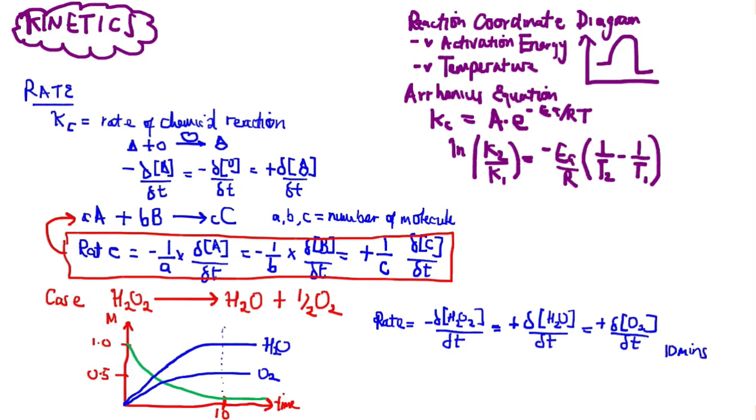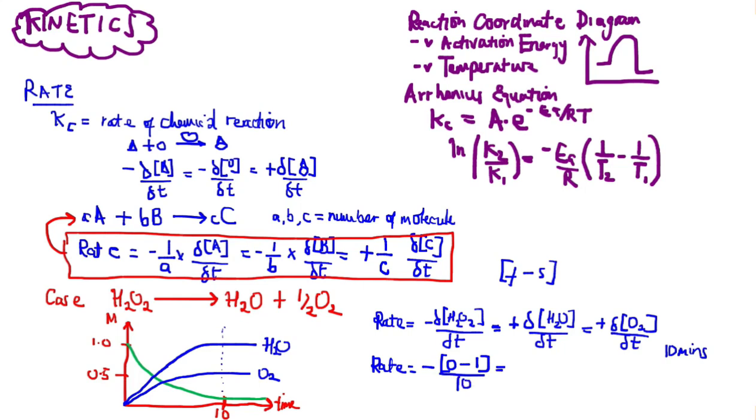Then our rate, when plugging in our numbers in here, reveals that first we have our reactant, which is hydrogen peroxide, going from the finish minus the starting concentration. So in this particular case, our finishing concentration is 0 and our starting concentration is 1 mole per liter.